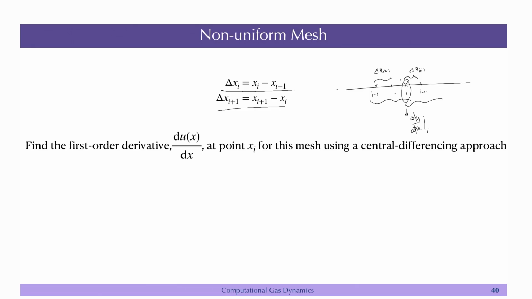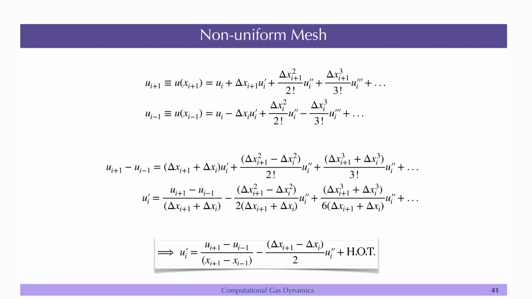So let us do that. What we need to do now is have two Taylor series like we have been doing earlier, u i plus 1 and u i minus 1, but the one change is that it is not h, the step is different in both. When you are doing u i plus 1, you are talking about x i plus 1 minus x i, so that will be delta x i plus 1, and then the difference squared by 2 u i double prime, cubed by factorial 3 u i triple prime and so on and so forth.